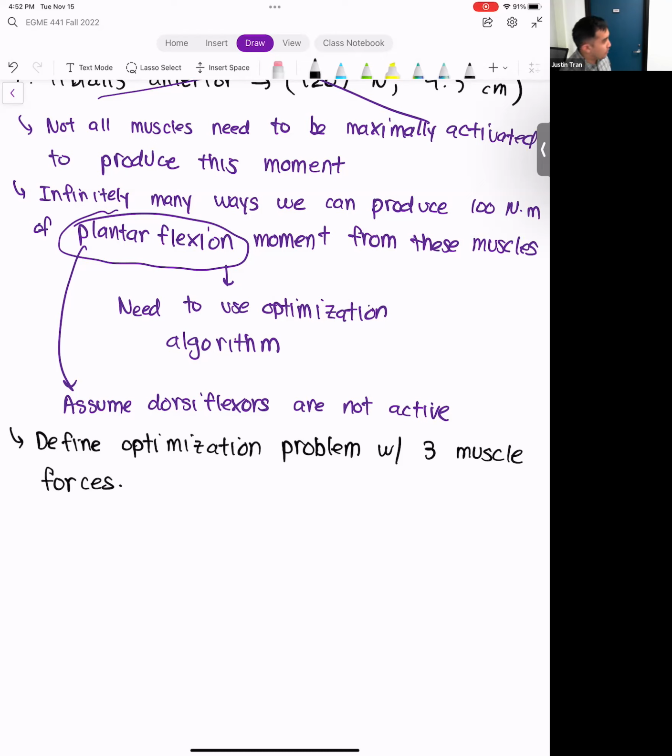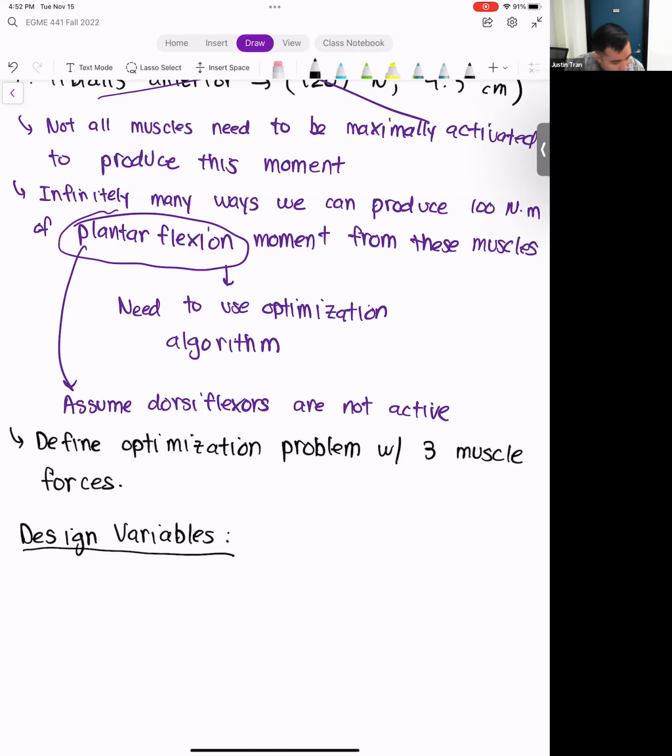And so let's go through all the different parts of the optimization problem, and let's define them in terms of this problem here. Let's start with the design variables. And so remember, design variables are the parts of the problem that we have control over, that we can modify in order to change our objective function. Okay.